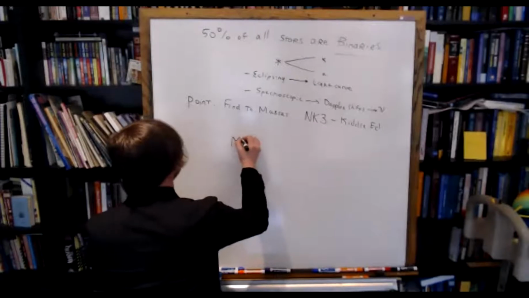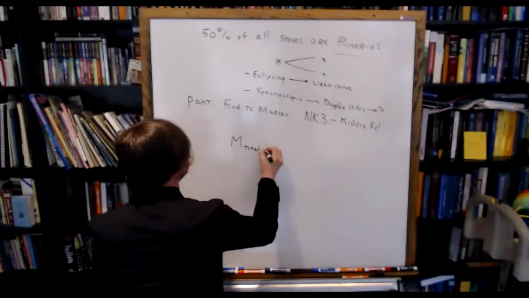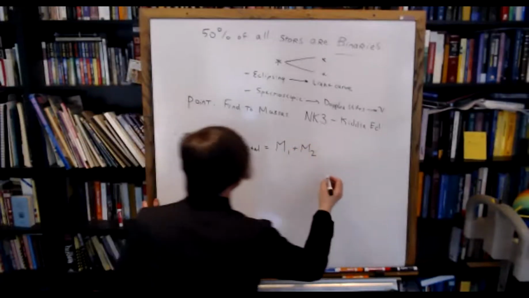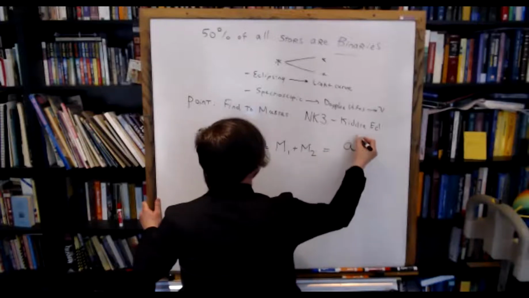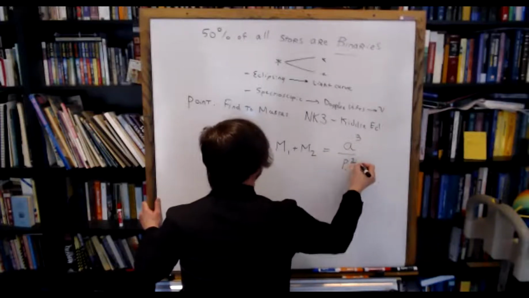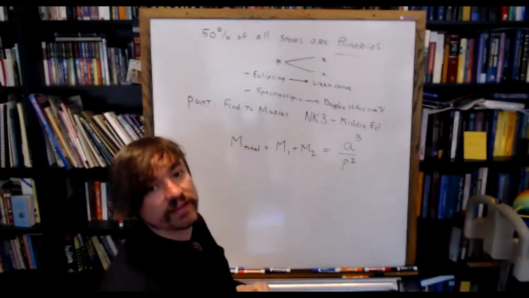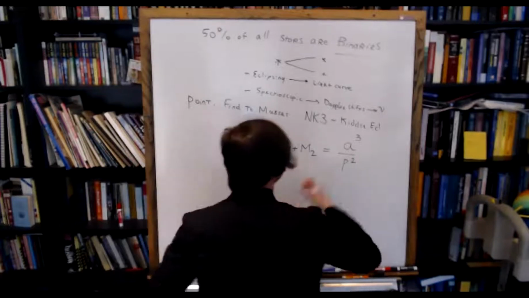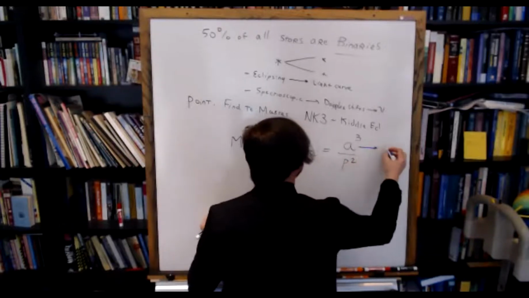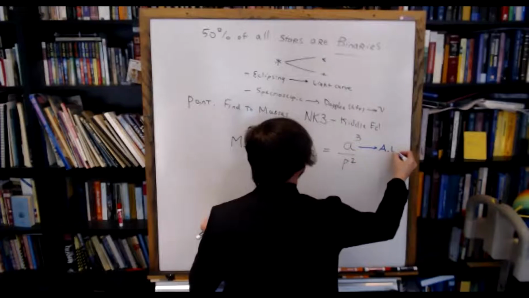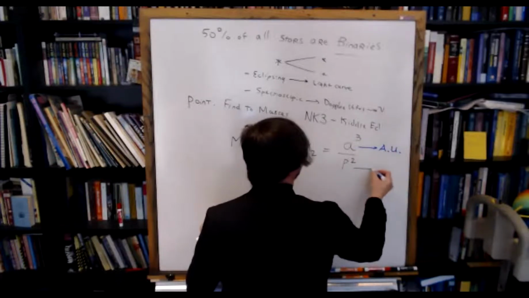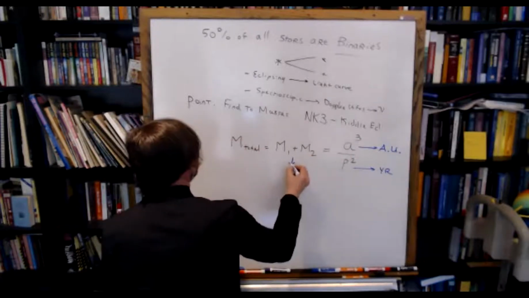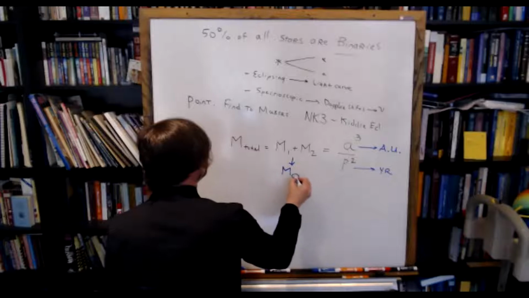The total mass of our system, which is the combination of star 1 and star 2, is simply a cubed over p squared if we use the following Keplerian units. All semi-major axes should be measured in astronomical units. All periods will be measured in years, and all masses will be measured in solar mass units.